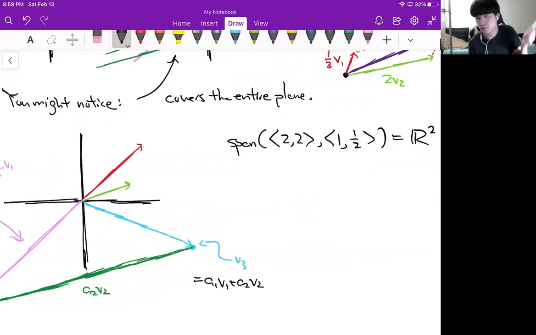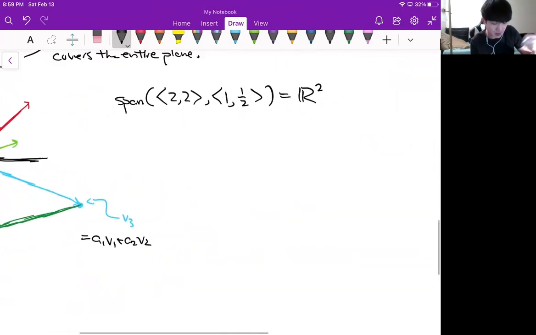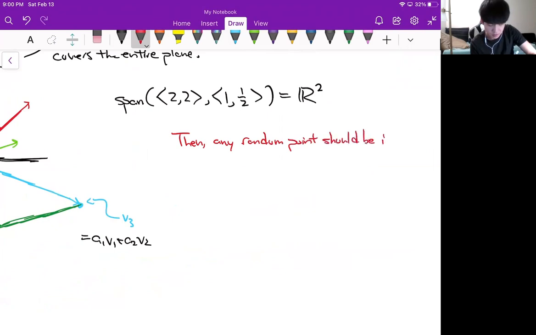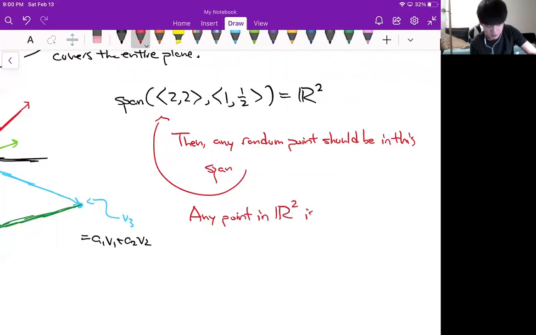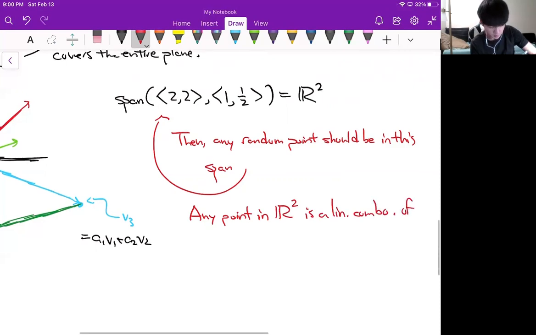Okay, let's show that. Let's pick a random point. Let's pick an unlikely point, right? So then any random point should be in this span, which is the same as saying any point in R2 is a linear combination of (2, 2) and (1, 1/2), right?